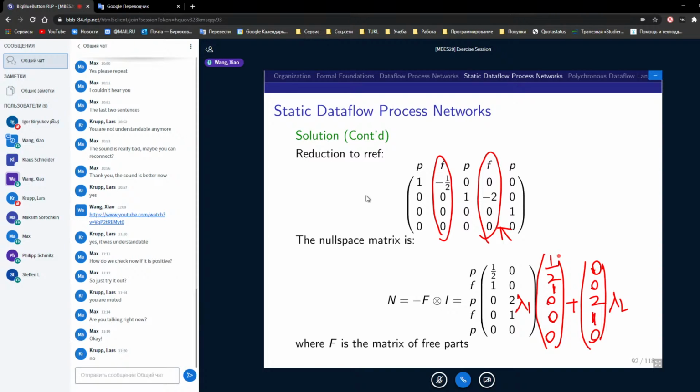And then you know that all the buffers will be bounded. Because then the largest buffer size is the largest number of tokens it can hold during the period.